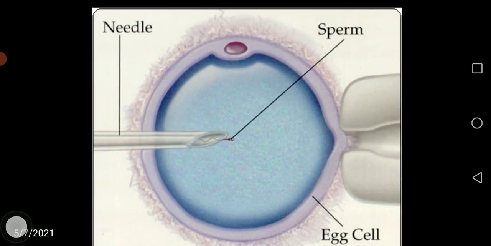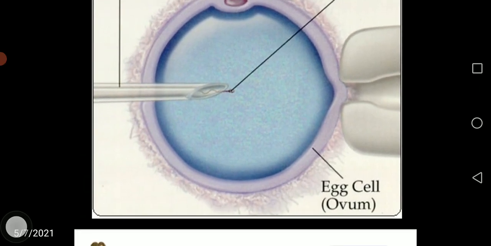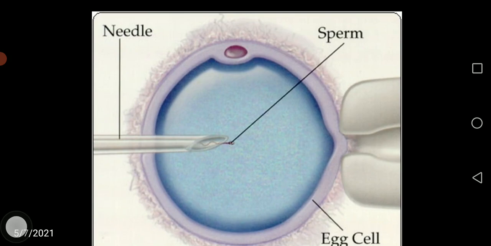Once the zygote develops into 8 cells, the blastomere stage, they transfer it to the fallopian tube by laparoscopy. With the help of laparoscopy, they transfer this 8-cell stage blastomere. The zygote continues natural divisions and migrates towards the uterus where it gets implanted.